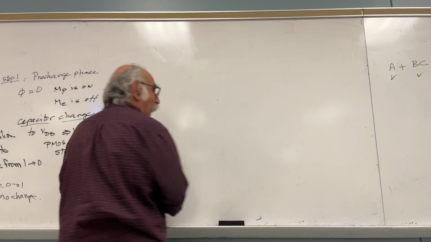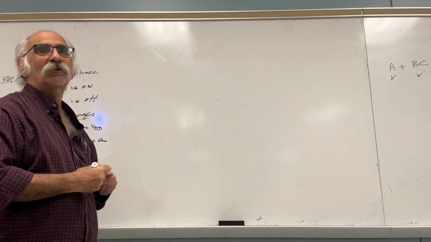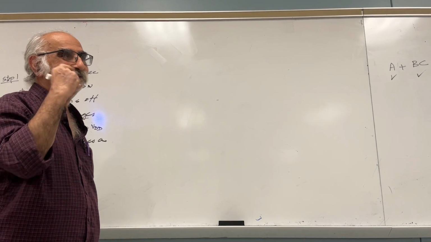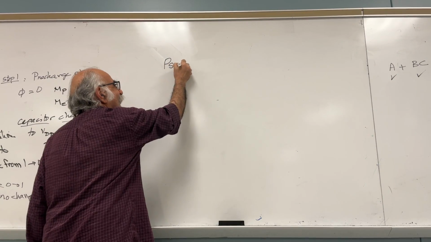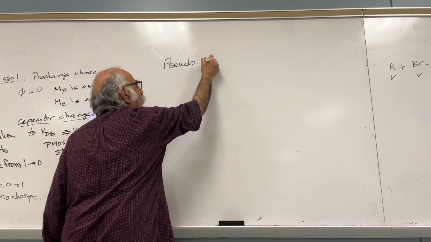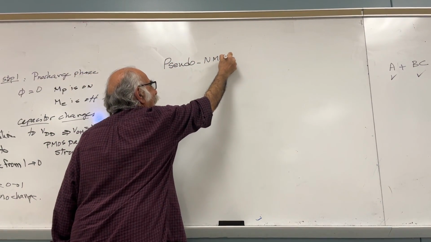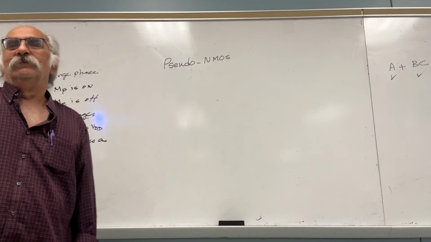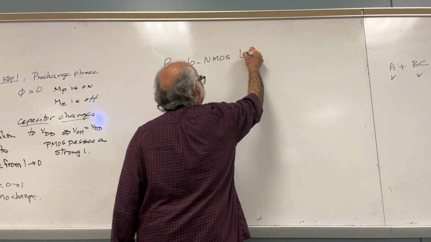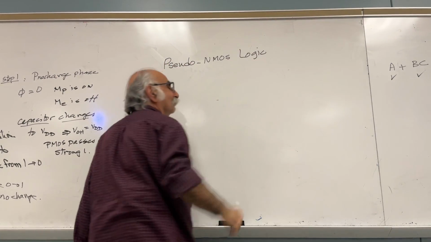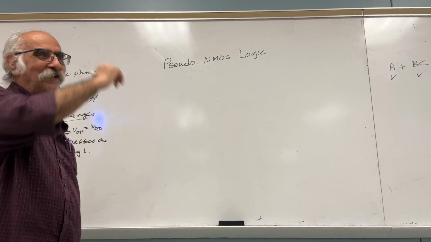By the way, before we go to sequential logic, I want to introduce you to yet another class, and tell me what is the problem with this one. Pseudo-NMOS logic.